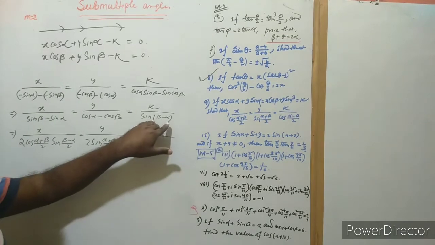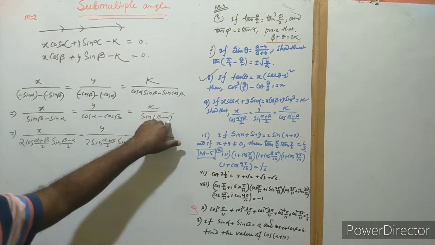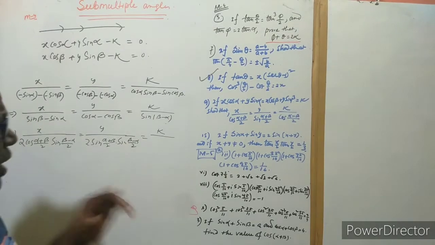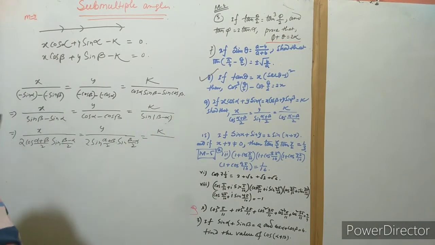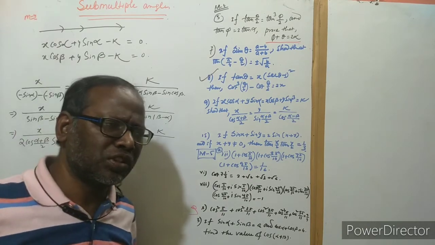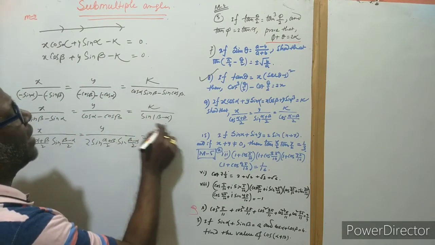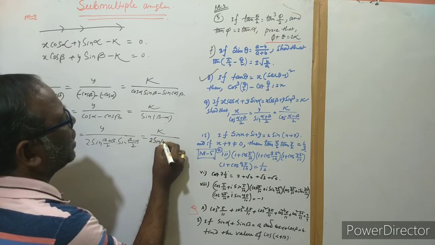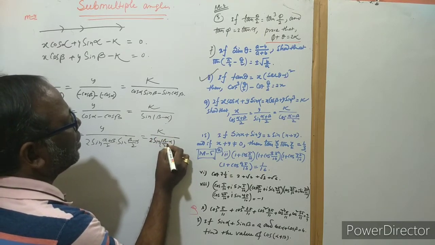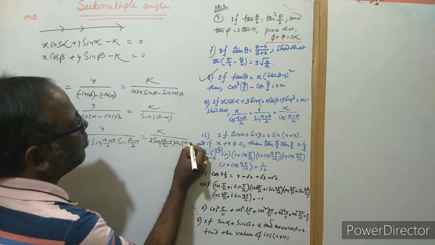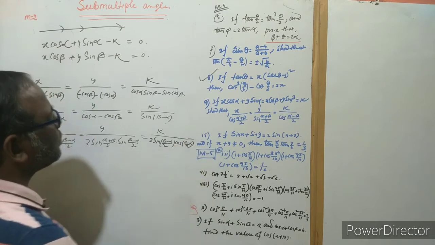If we assume this is sine 2 theta, we can write here 2 sine theta cos theta. If the whole thing is alpha, so sine alpha, we can write like 2 sine alpha by 2 cos alpha by 2. Same as this, assume a whole theta, so we can break the formula like that, and this is cos of beta minus alpha by 2 here.